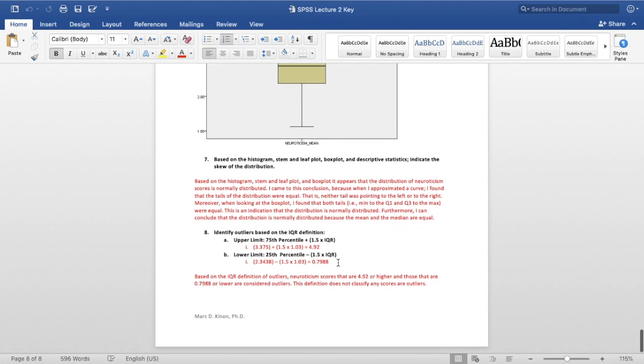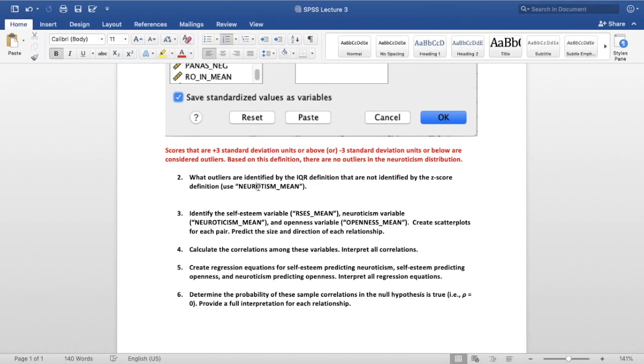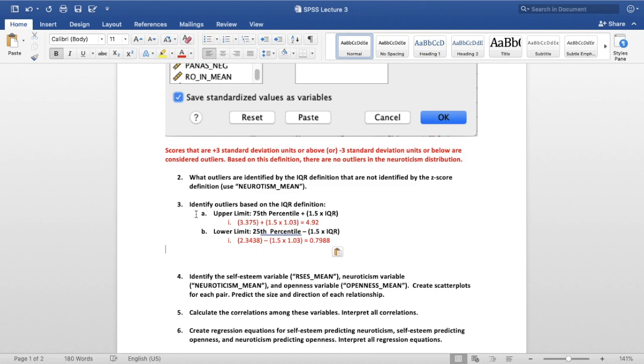So we use the neuroticism mean we calculated. Just go ahead and copy and paste this. This is fine. Over here, I'm just going to change this up a little bit.